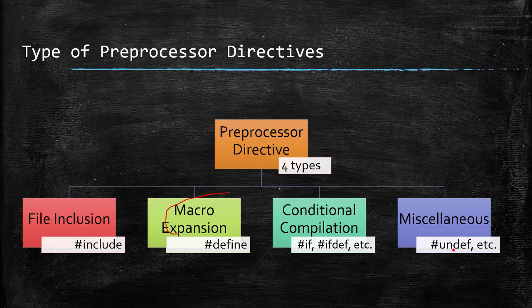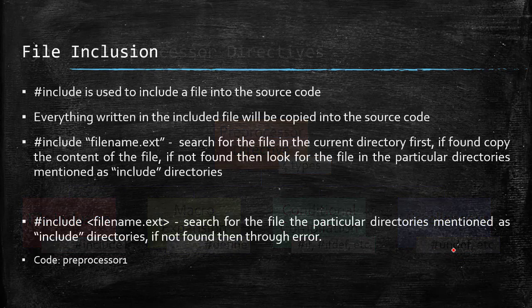So let us discuss the file inclusion preprocessor directives. In our source code, we have included the header files using hash include, then the header file name. So in that stage, we are using the preprocessor directive for file inclusion.